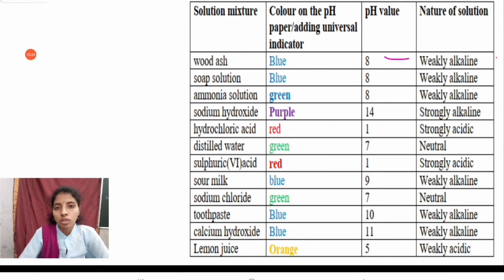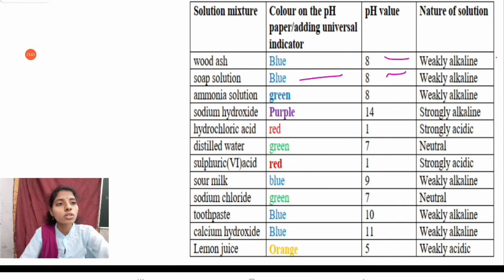And next, soap solution. Yes, this is also blue. The color of the pH paper is also blue here. So the pH value is also 8, and we can say the nature of the solution is weakly alkaline or weak base. And next, ammonia solution.